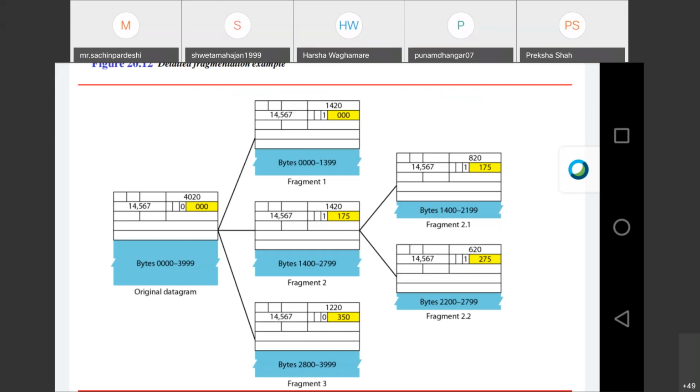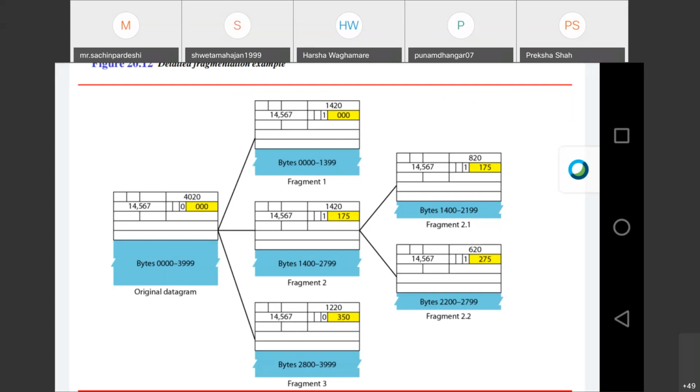Again, if you see the flag, in the first part, M is equal to 1. That is, yes, more fragments are available. Again in the second part, M is equal to 1. Yes, again the third part is available. Then M equal to 0. It means there is no more fragmented part. And again, total length varies in the third fragmented part.